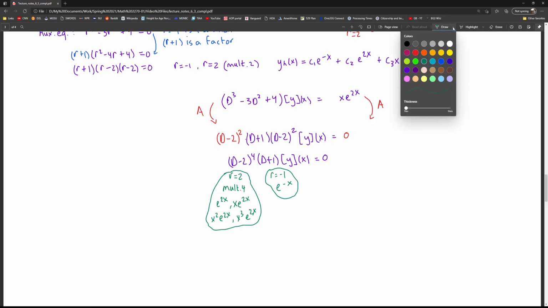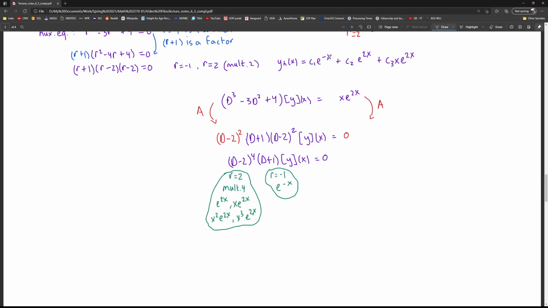So let's take a look at which of these are part of my homogeneous solution. That's e to the power -x, so that's part of yh. And then I have e to the power 2x, and then x e to the power 2x. That's all part of my homogeneous equation.